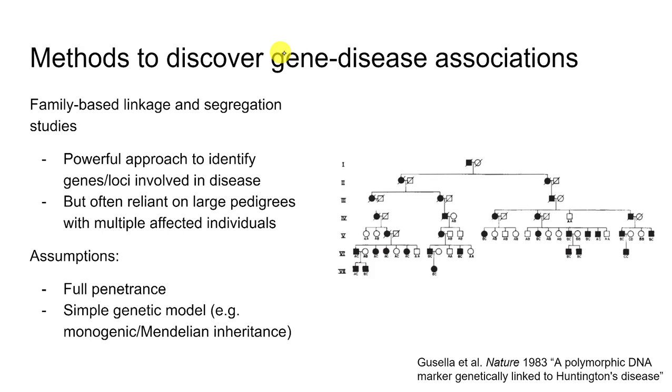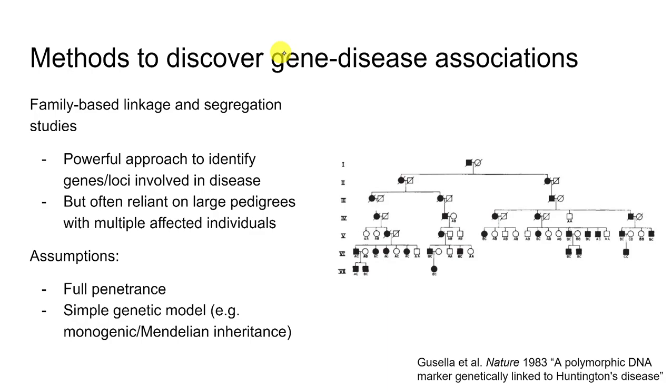So to start off with, I think it's helpful to have historical context to this subject. In the early days of genetic association testing, they used family-based linkage and segregation studies. Here is a figure from a 1983 paper, the first paper that found a genetic marker for Huntington's disease.